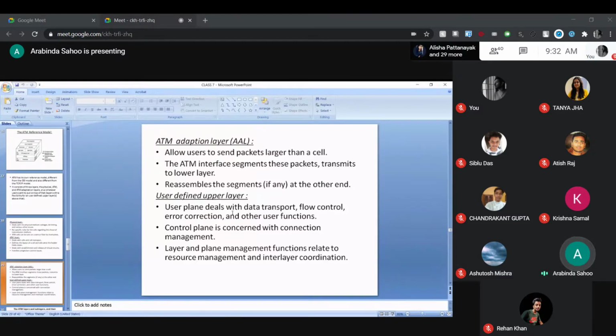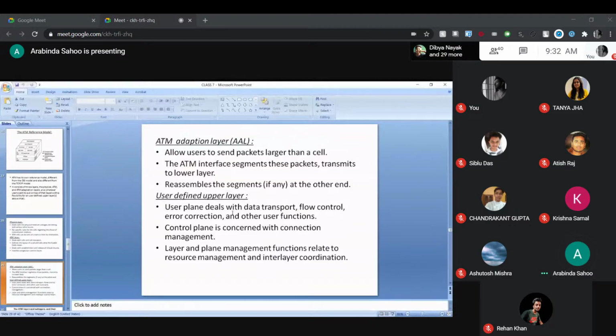The user plane deals with data transport, flow control, error correction, and other user functions.